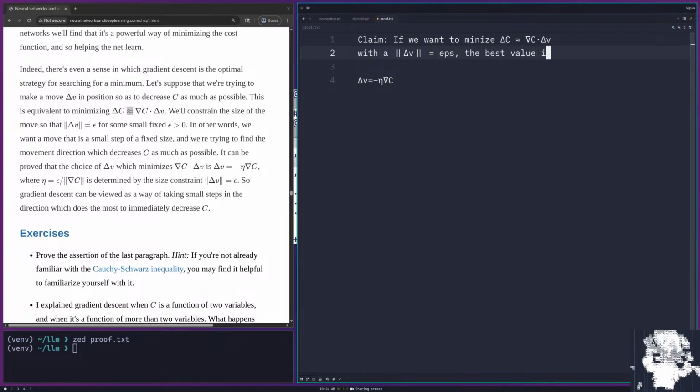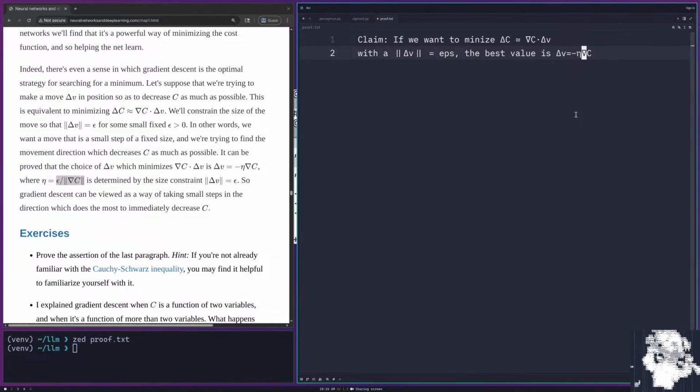The best value is this. Or yes, but then also eta is equal to this.